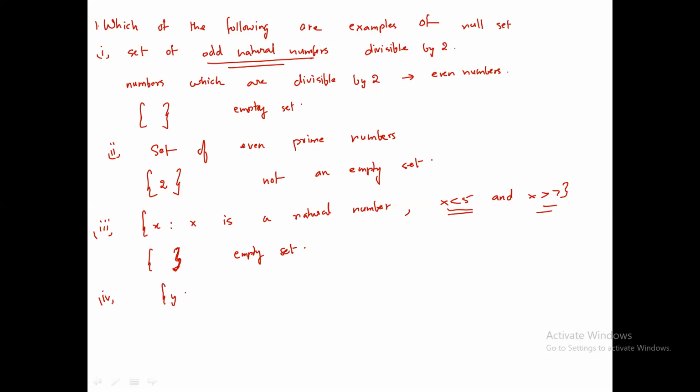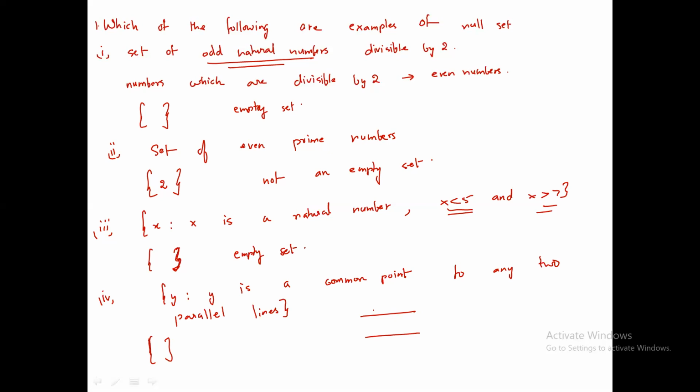Okay, fourth one. Y such that Y is a common point to any two parallel lines. So when I write the set, I will take two parallel lines and I have to see the common point.